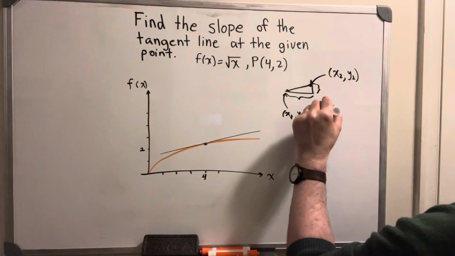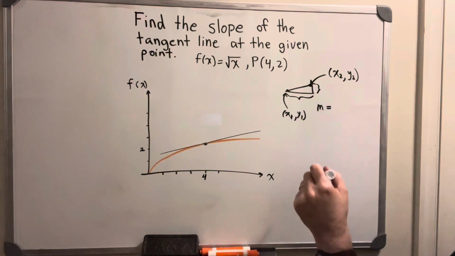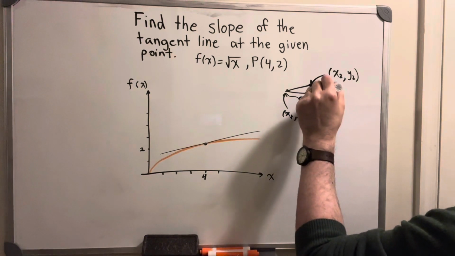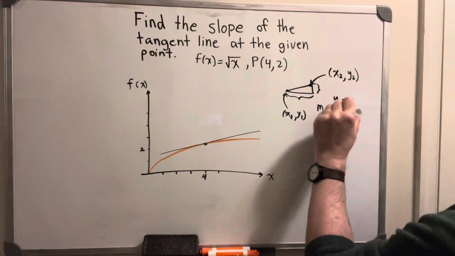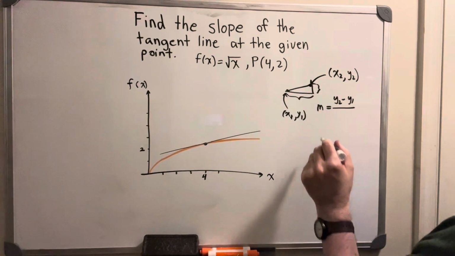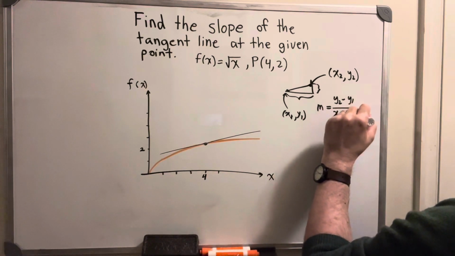The slope, which is often written as the letter m, is this difference in y values. You could write y2 minus y1 over this horizontal distance, which would be x2 minus x1.